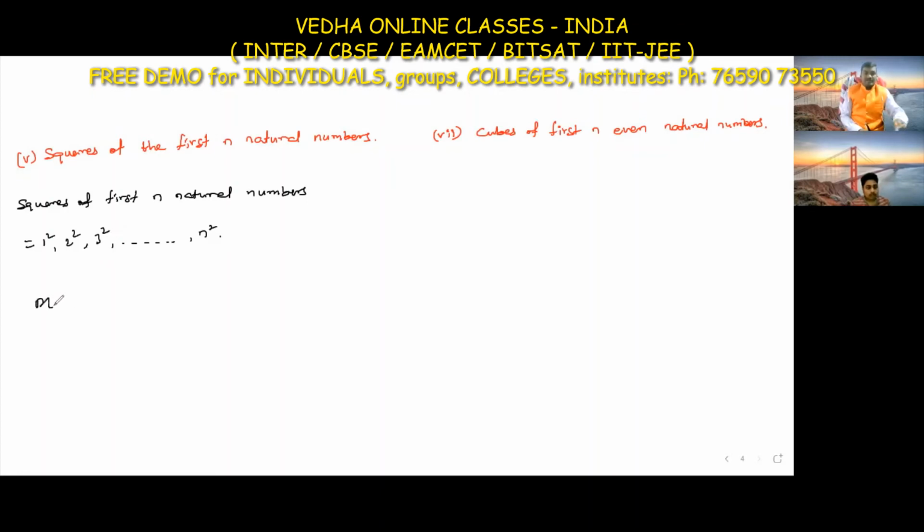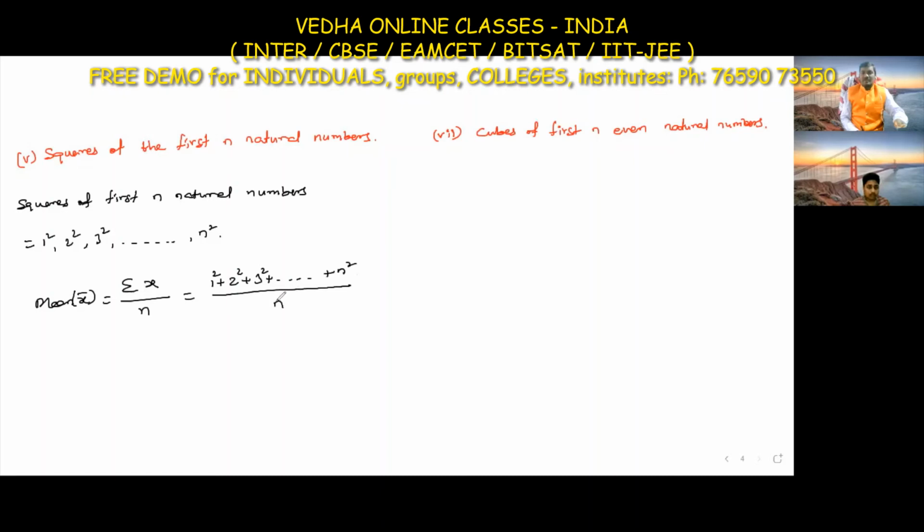Mean x bar is equal to sigma x divided by n, the sum of observations by the number of observations. That means 1 square plus 2 square plus 3 square and so on plus n square, divided by the total.